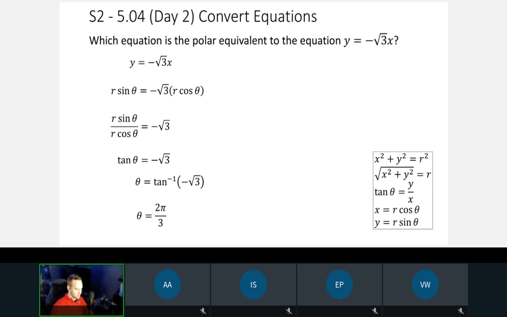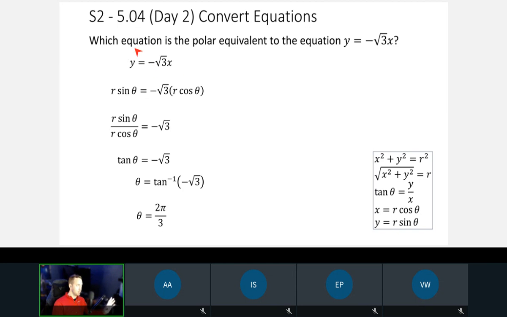So if you think back to that lesson, remember we talked about equations in polar form that are in the form of theta equals some value. These make a straight line because we don't have a defined r value. So the angle is defined, the r value is not, so r could be an infinite number of points. So this creates a line, which makes sense because y equals mx plus b, with b being 0, is an equation of a line, right?